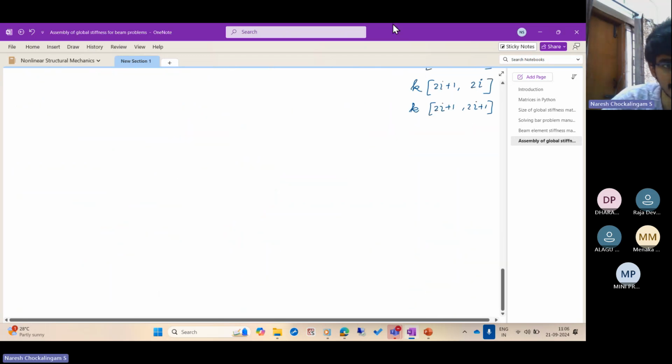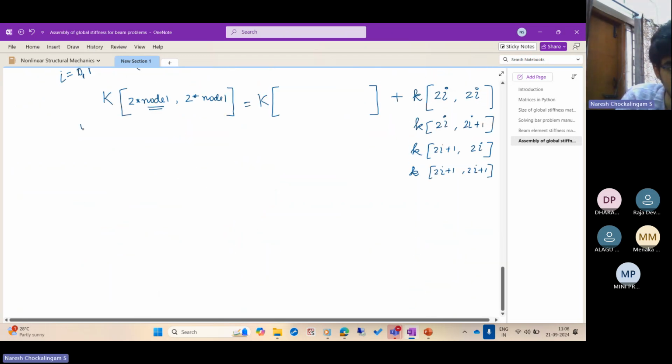If I say y goes to x, it is equivalent to telling x equal to x plus y. So have this notation in mind.